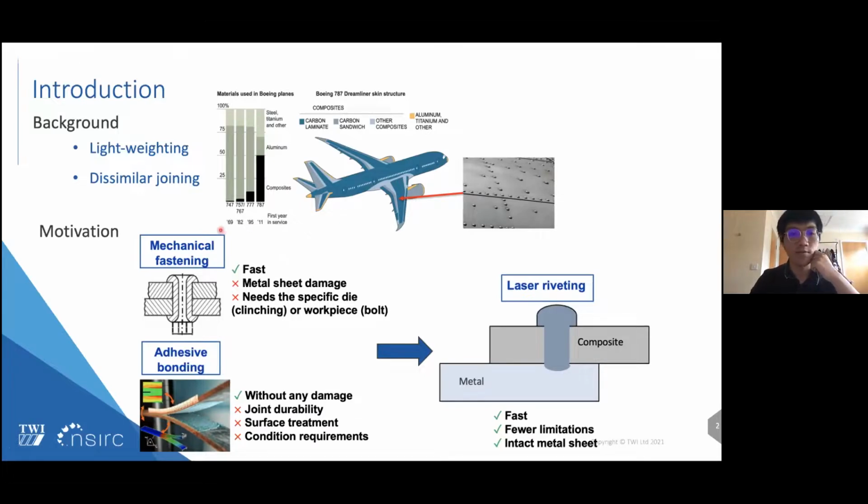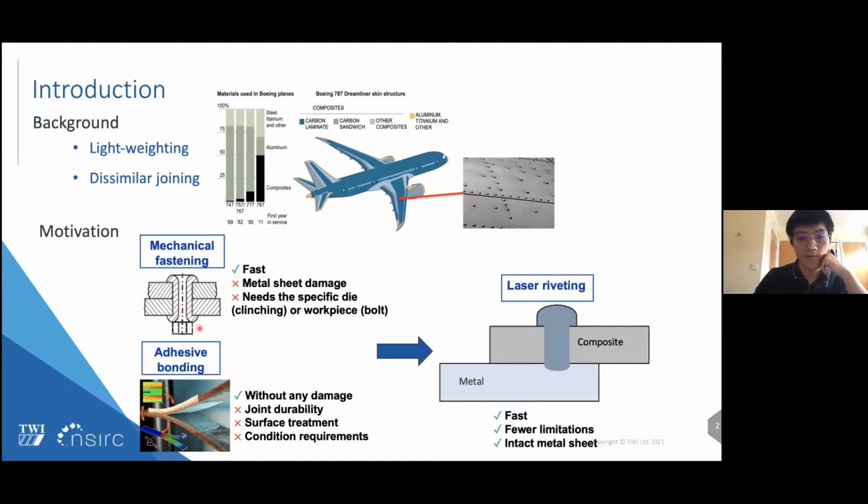Currently, there are two main methods. One is mechanical fastening and another is adhesive bonding, but they still have a few limitations. For mechanical fastening, like bolting and riveting, the pin will penetrate through all the substrate and sheet, which is unexpected in a load-bearing structure.